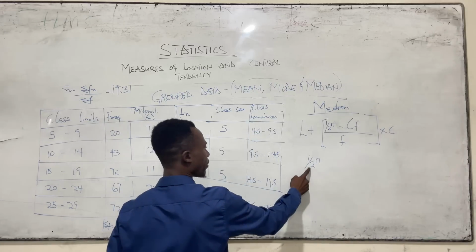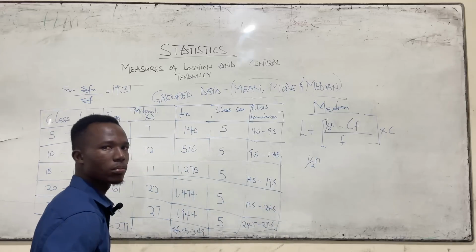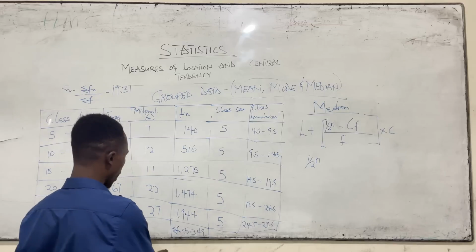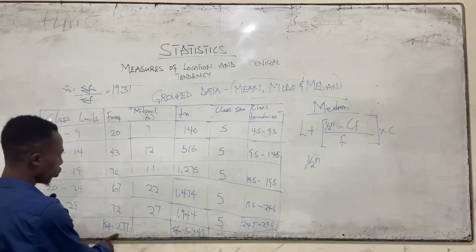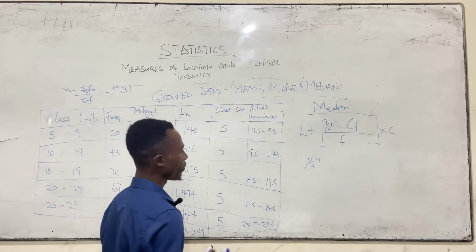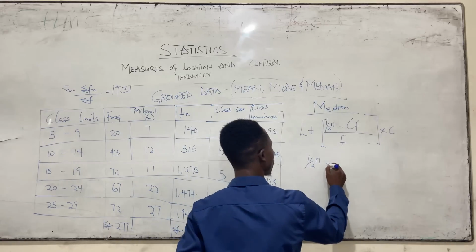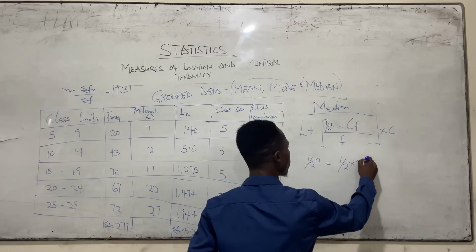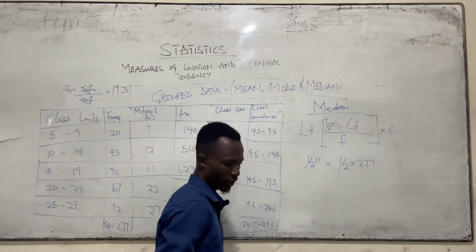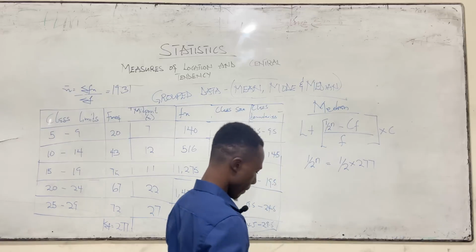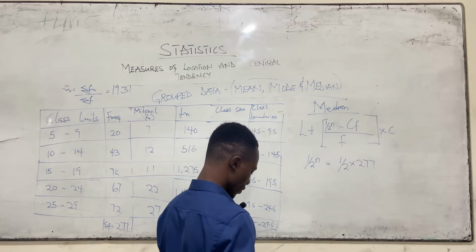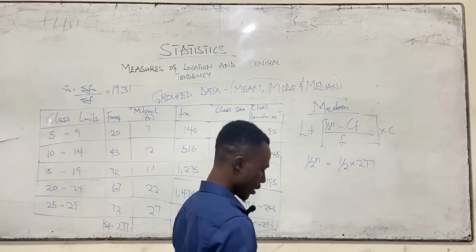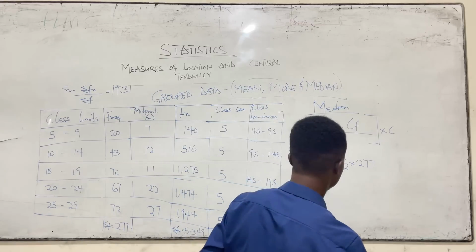It means half times the total frequency, because we want the number that is located in the middle of the observations, right? And our total frequency is 277. So half times 277, 1 over 2 times 277 is 138.5.